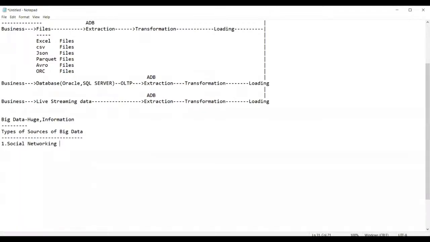What are social networking sites, guys? You have WhatsApp, Facebook, Twitter, LinkedIn, and Instagram. All of these are called social networking sites.